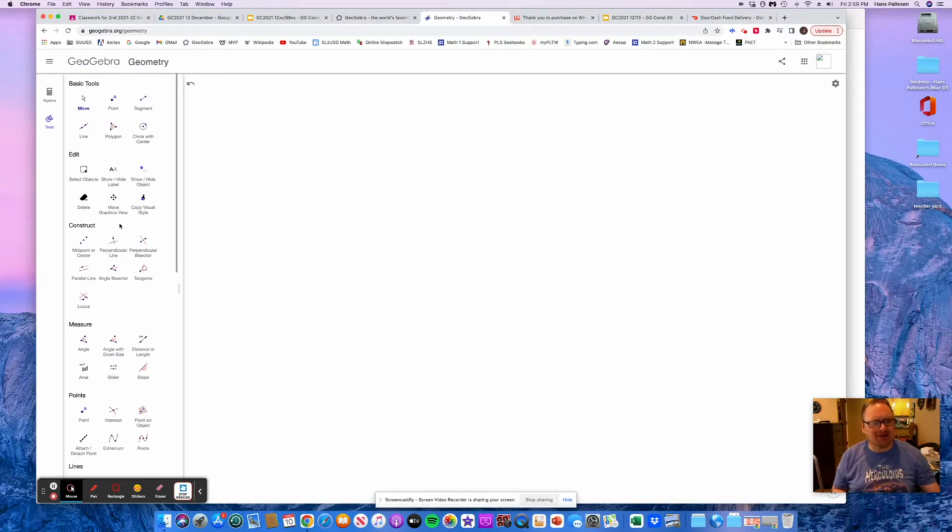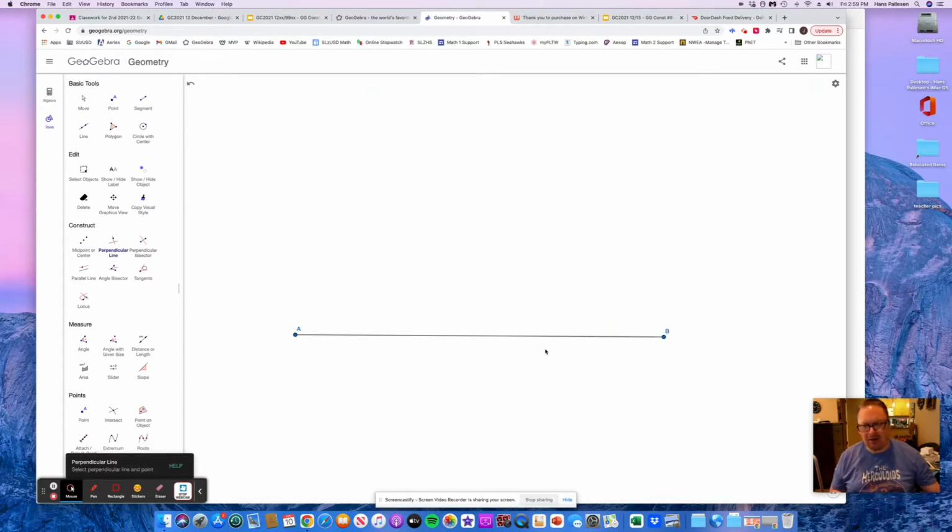So first off, we have our segment. And we can really make our segment as long as we want it. And we're going to find the golden cut for this segment. I'm going to make it a real long segment so we have plenty of room to work with. All right, so our perpendicular line, we'll use that tool.